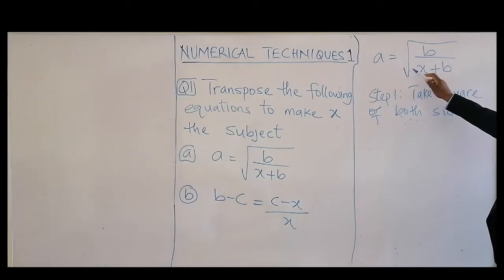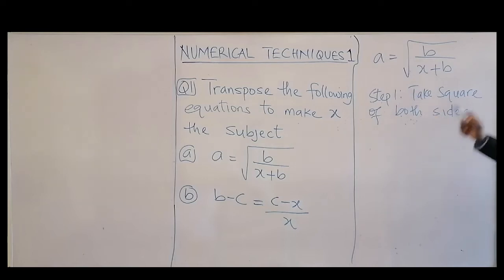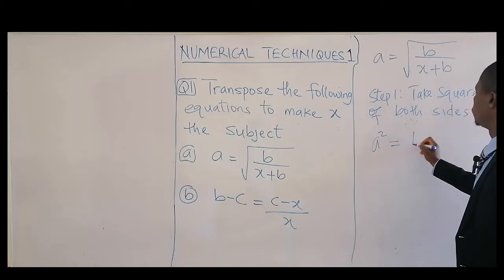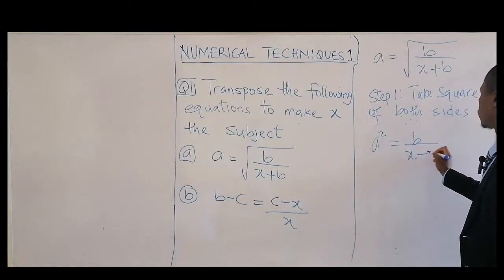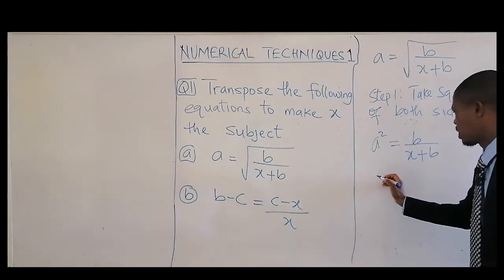This is a radical, and for us to remove this radical, we need to square both sides. So square both sides, and that will be a squared equal to b over x plus b. When you take the square of a square root, the square root will cancel. Then cross multiply.